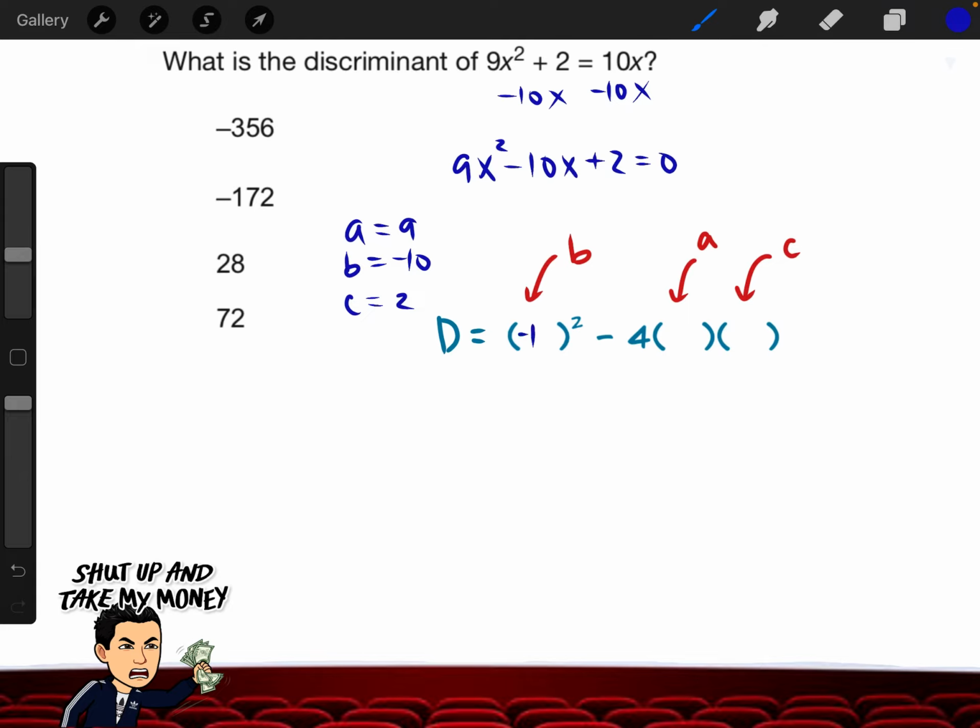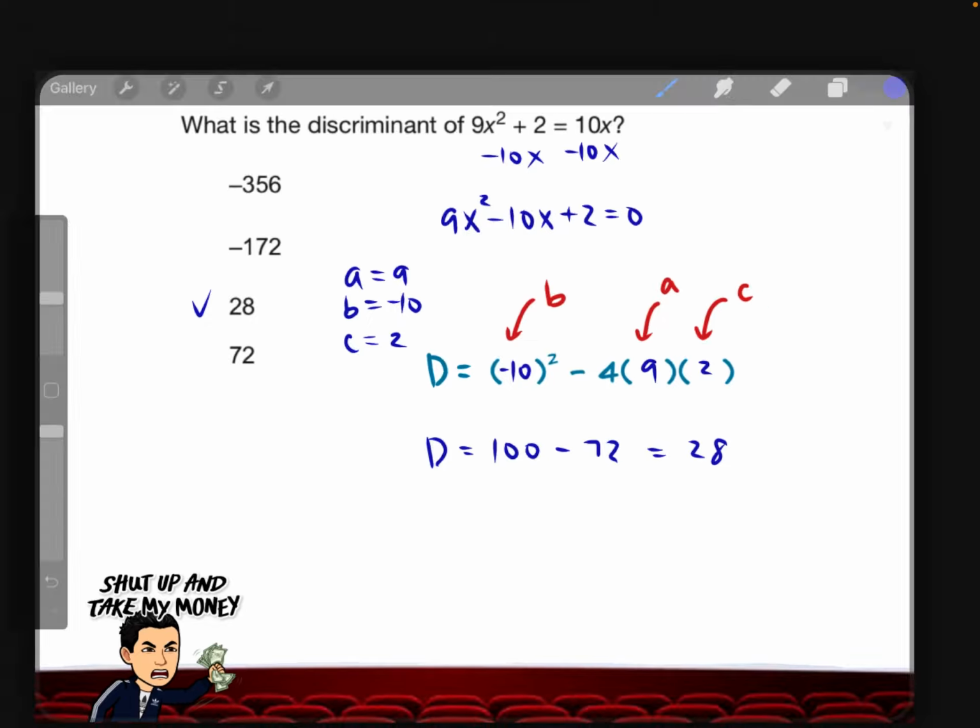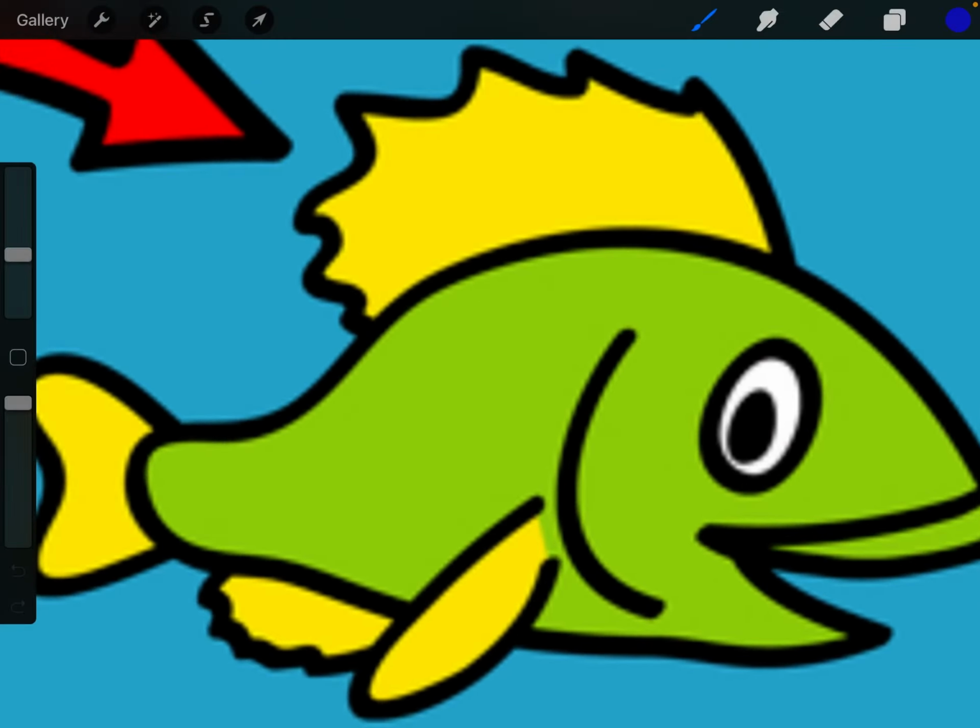So you got negative 10 in here, 9 here, 2 in here. So your discriminant is going to be 100 subtracting 72. Okay, so your answer is going to be 28. So choose the third one. Yep, that's it. Take care.